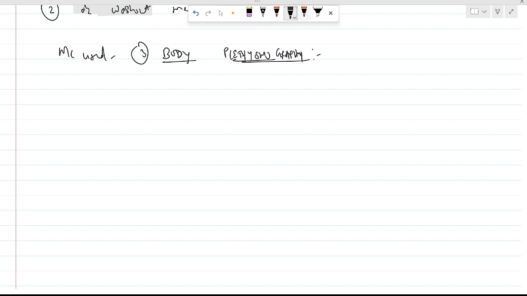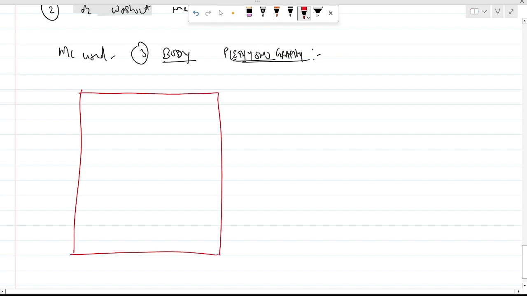Now what do we do in body plethysmography? We'll see here. Draw the diagram and see what the components are. First, this is a box, a big box capable of containing a human whose FRC we are going to measure. It's a glass box, completely closed, completely cut off.